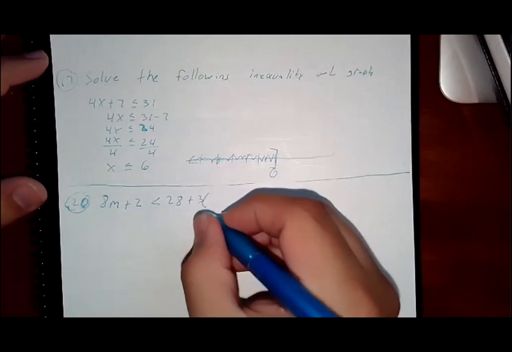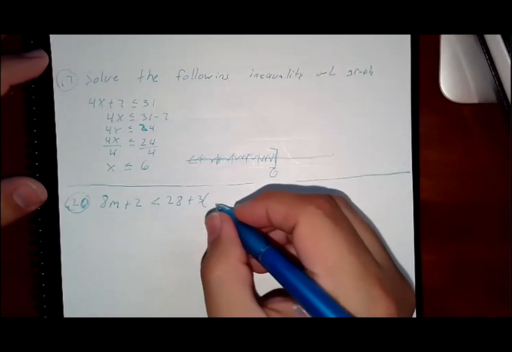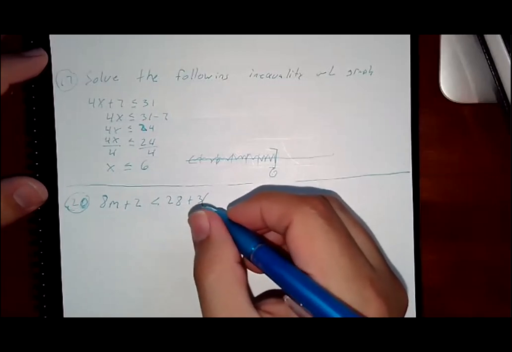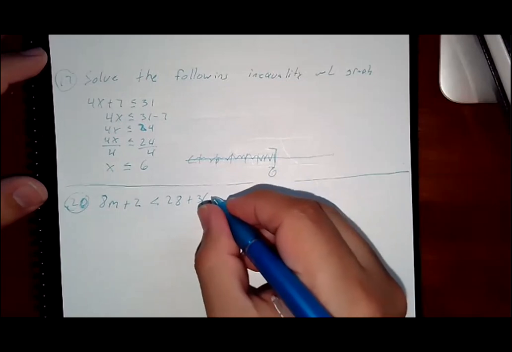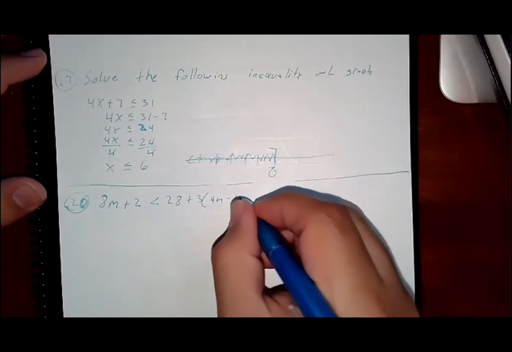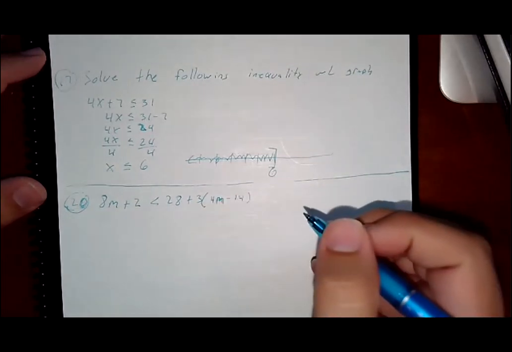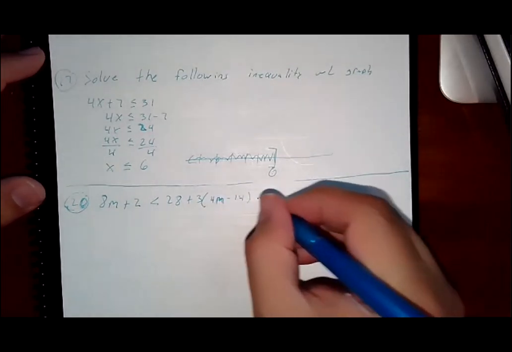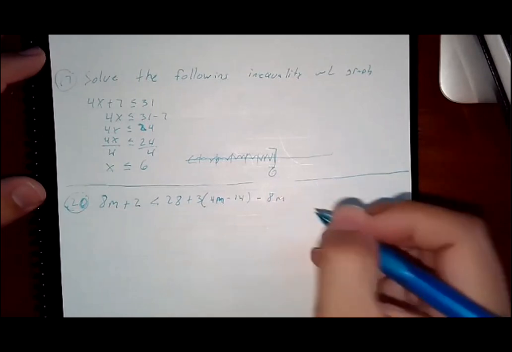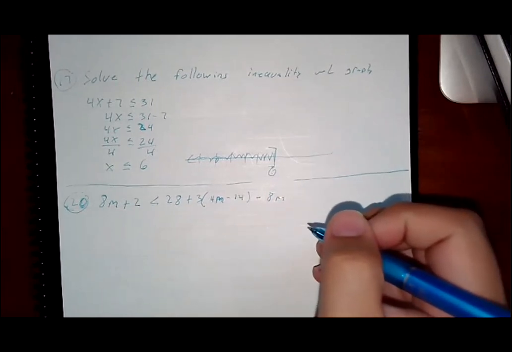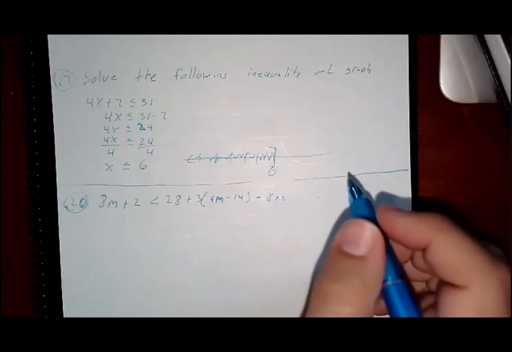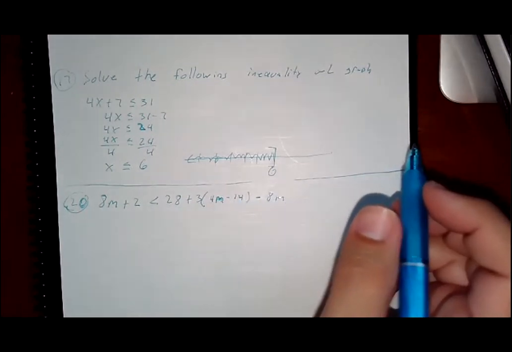Okay. So 8m plus 2 is less than 28 plus 3 times 4m minus 14, minus 8m. Okay, so just like any other equation, get rid of parentheses and expand, combining terms, and then we'll go from there.